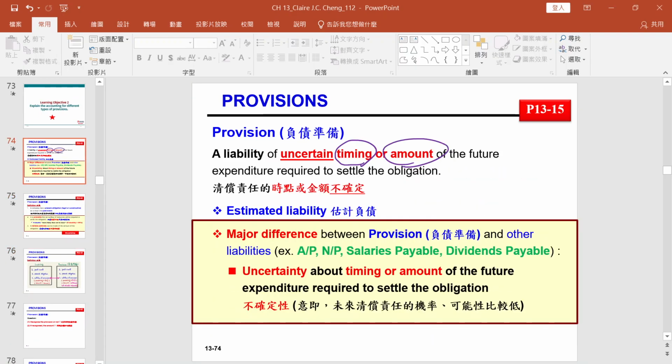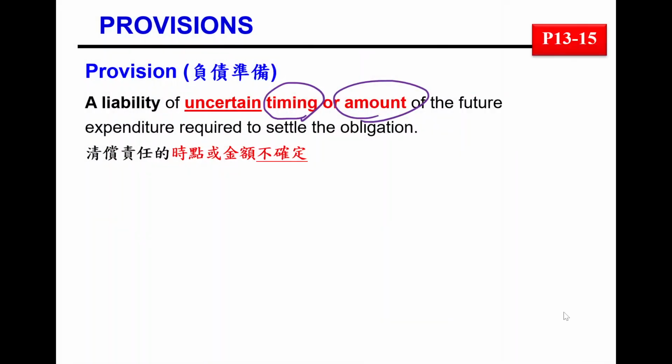So go back to slide on page 74. Provision, we are uncertain on the timing and amount of the future expenditures. For the future, we are not sure whether we have to do that or not. And even though you have to do that, how much? Not sure. Based on that, provisions, 负债准备, we also call estimated liability.